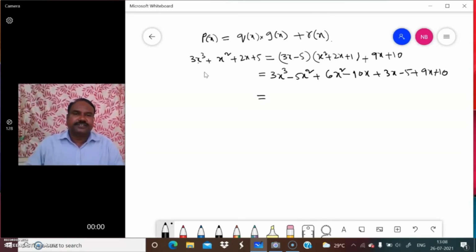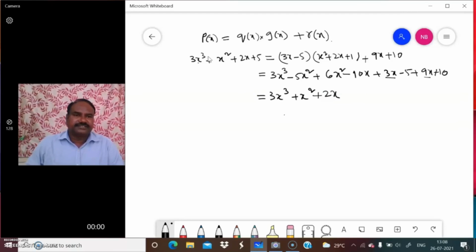Now let us simplify this. 3x cube we will get as it is. Minus 5x square plus 6x square, 6 minus 5 is 1, that is x square. Minus 10x plus 3x plus 9x, that is 12, 12 minus 10 is 2, so 2x.